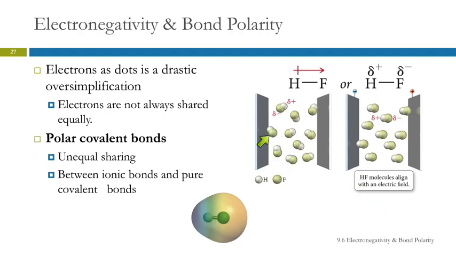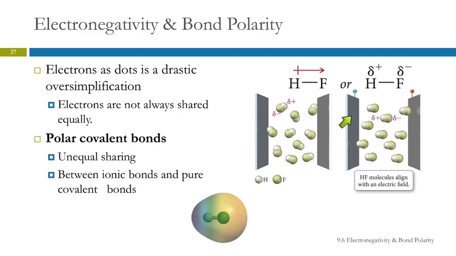Okay, so this is what would happen if you put polar molecules with a polar covalent bond between charged plates. Here we've got two metal plates, but there's no charge on the plates, and so these are going to be oriented randomly because there's no reason for them to line up.